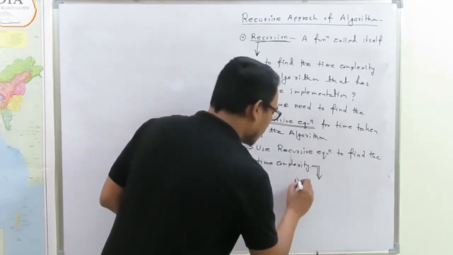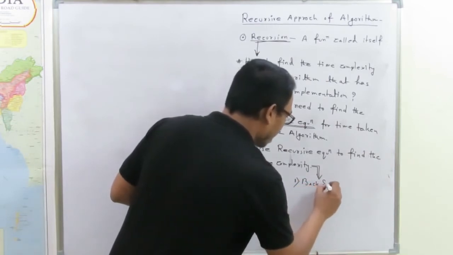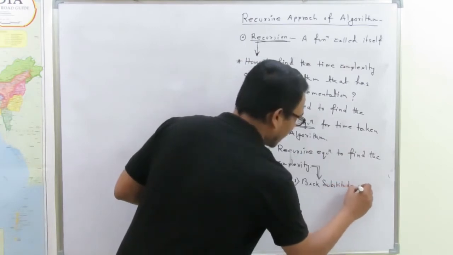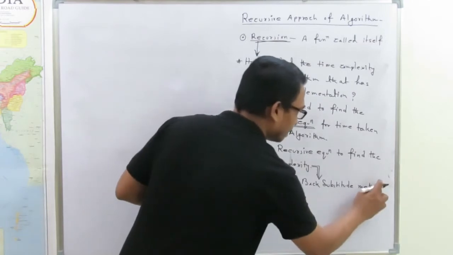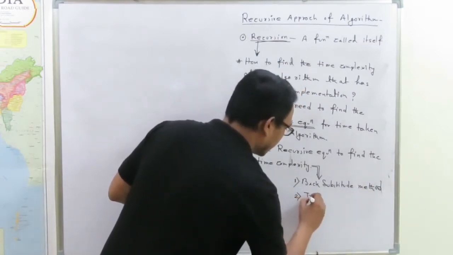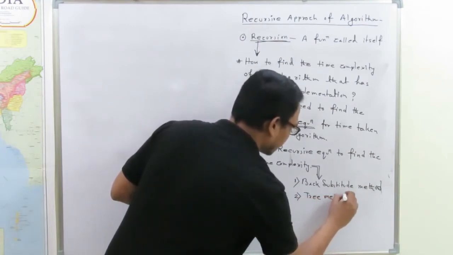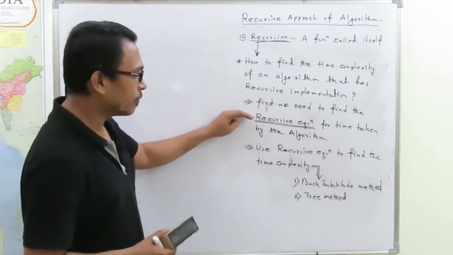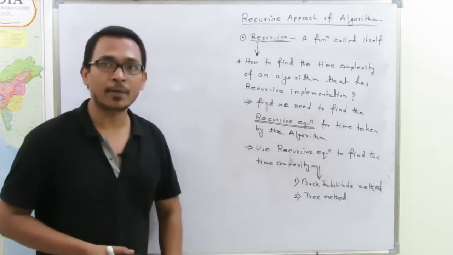First one is called back substitute method. And the second one is called tree method. Clear? After finding the recursive equation, we can use any of these two approaches to find the time complexity.